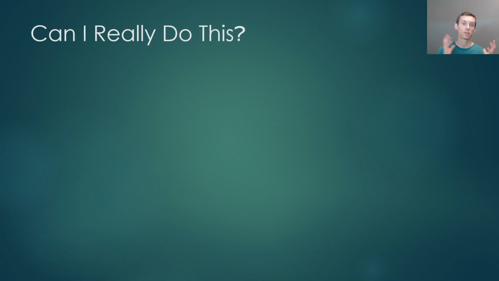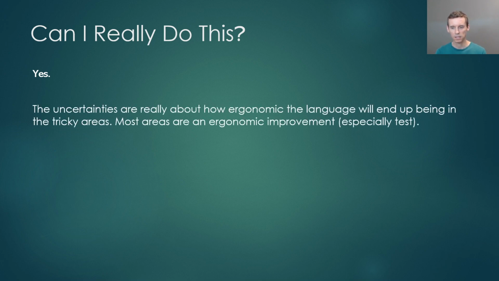Okay, the big question, or a big question: can I really do this? I'm pretty confident that I can. I've already done a Java to C transpiler. Statesmith already transpiles a small subset of C# to C, JavaScript, and C# as well. I think the uncertainty in this project is really how ergonomic the language is going to end up being.